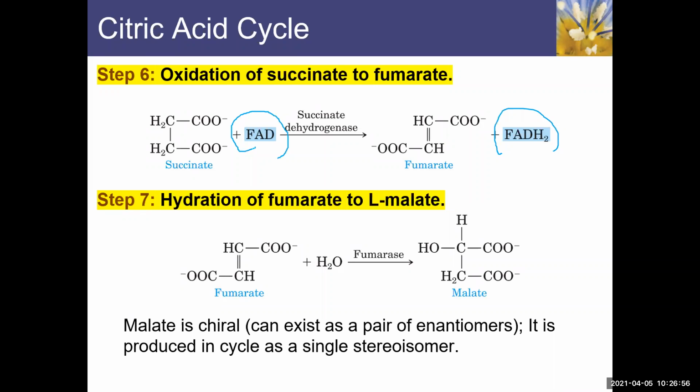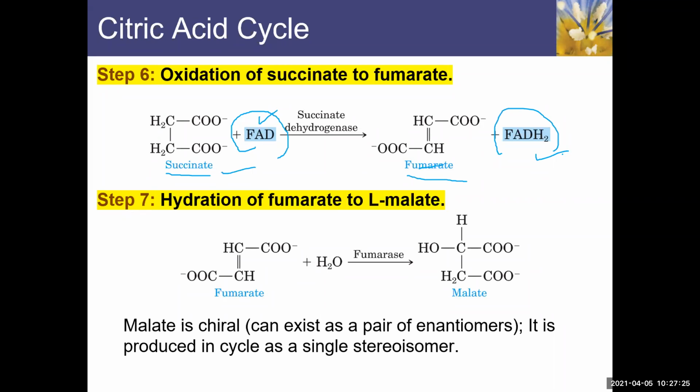Because of the dehydrogenation reaction, or you can say the oxidation of succinate, from succinate we will get fumarate over here. So in short, your succinate was dehydrogenated to fumarate by the FAD, and we have FADH2 produced over here.